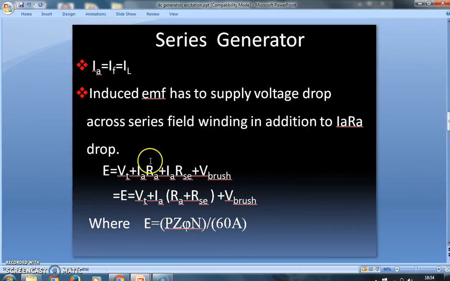An extra drop comes into existence, equal to IfRSC, where If in turn is equal to Ia, so IaRSC, plus V brush. So the induced EMF is equal to Vt plus Ia into Ra plus RSC, plus V brush.